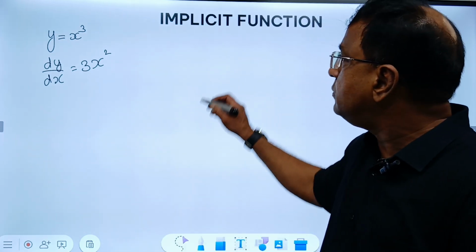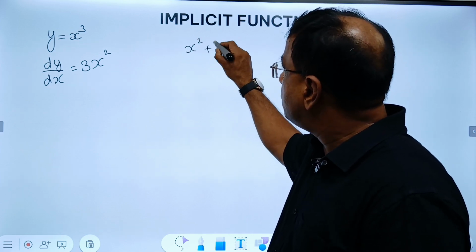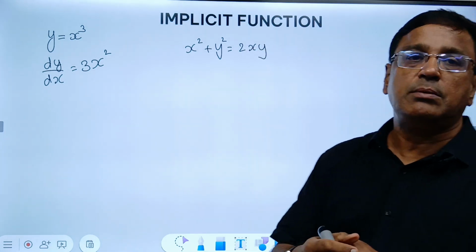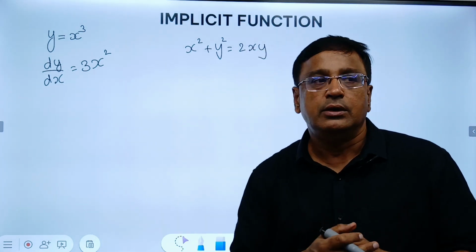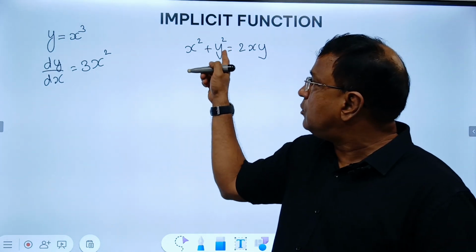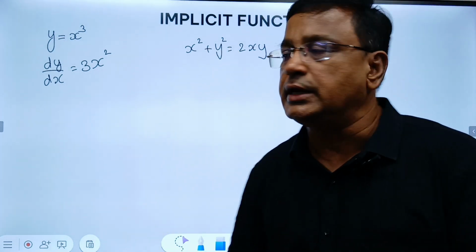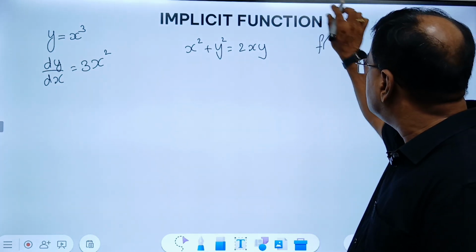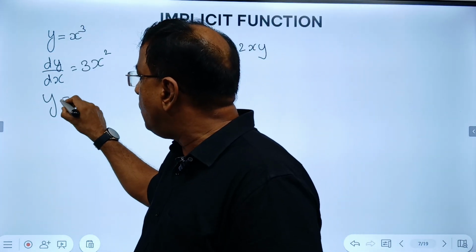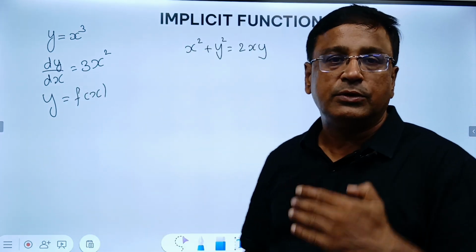Now then, what is an implicit function? For example, if I have x square plus y square equal to 2xy. Now here in this particular situation, I am not able to segregate y to one side and x to the other side. In an explicit function, you have y equal to f of x, where y is given directly in terms of x.